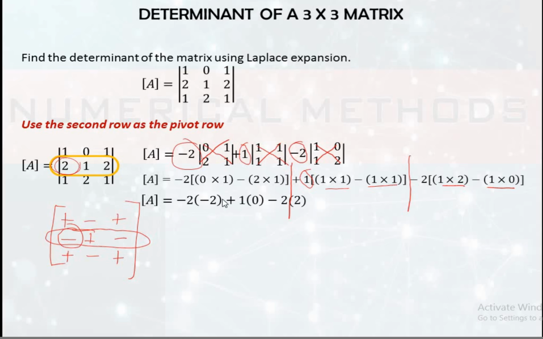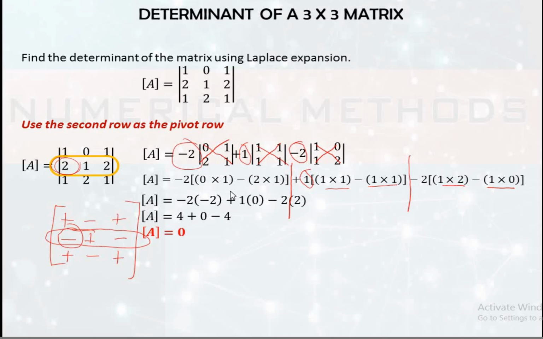Negative 2, bracket the answer, and input it in your calculator. You will see the same answer for the second row: the determinant of matrix A is equal to 0. See?